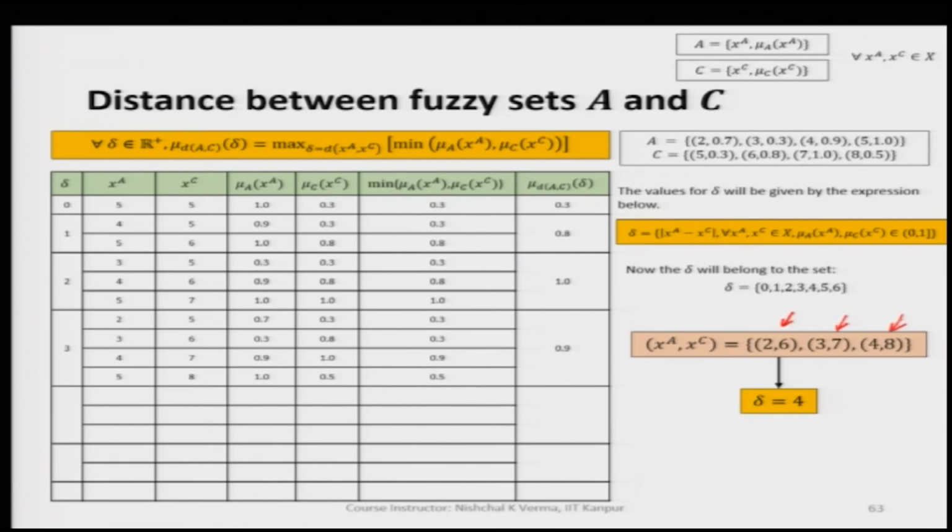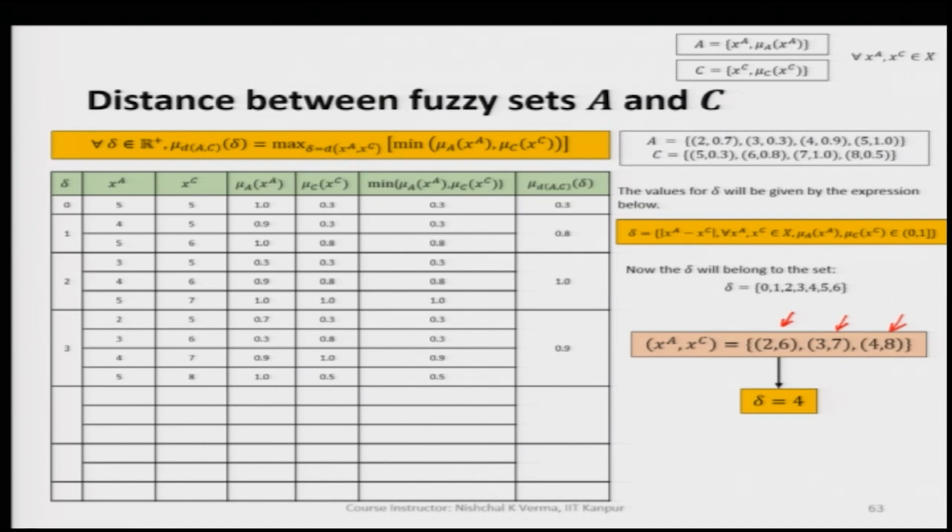These 3 pairs are responsible for generating delta is equal to 4. As I already mentioned, delta is nothing but the difference between x a and x e, and these values are the generic variable values, coming from the fuzzy sets that are given to us.